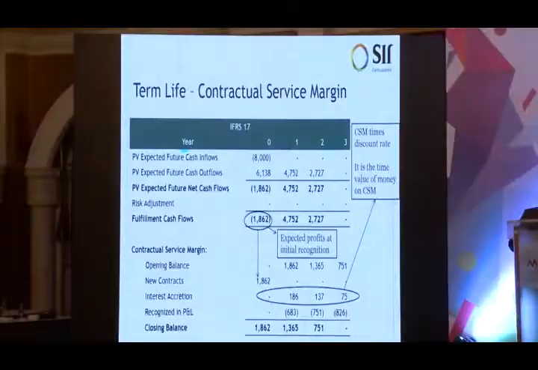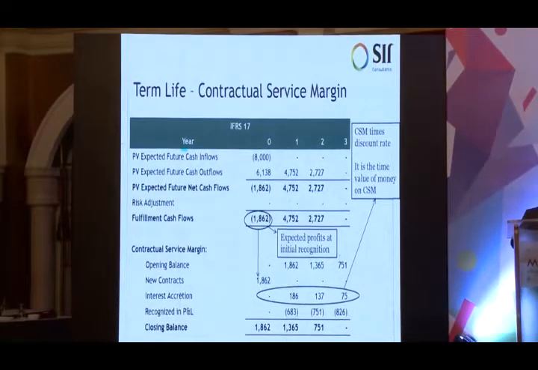Now we need to decide how much of this balance has to be recognized in the P&L. What the standard requires is that this balance be recognized in some relation to the amount of service that has been provided in that particular year or period. Now this can be done in many ways. For this example, we have assumed that the services are provided evenly for each of the 3 years.